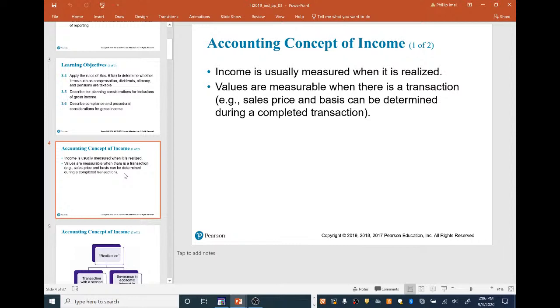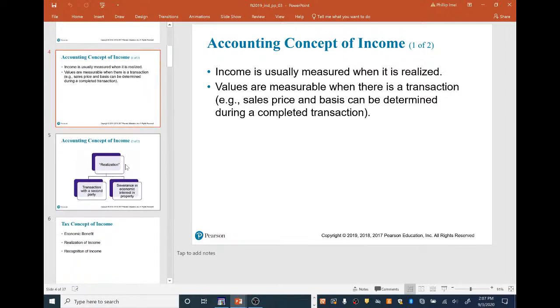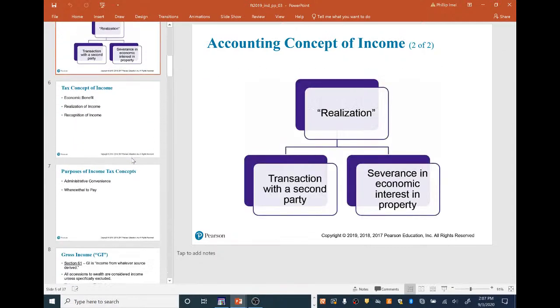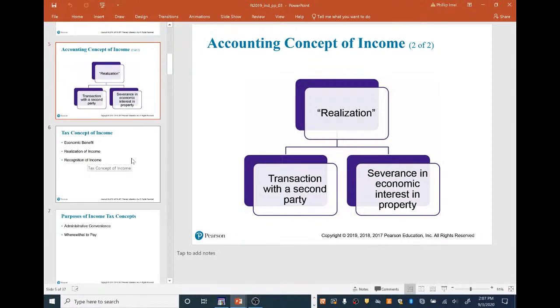Values are measurable when there is a transaction, meaning that there's a sales price and a basis can be determined during the completed transaction. So I think at this point within their accounting career, they understand the accounting concept of income. So this is pretty much just a review at this point. So once again, realization. This is with the transaction with the second party, and severance and economic interest in property.